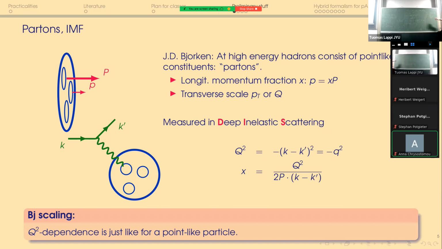It's easy to notice that P squared, which is M squared, is 2P plus P minus minus P perp squared, a special case of the scalar product for the square of the vector. From this, you can solve that P minus is (PT squared plus M squared) over 2P plus. So a high energy particle has a very small P minus. It has a large P plus.